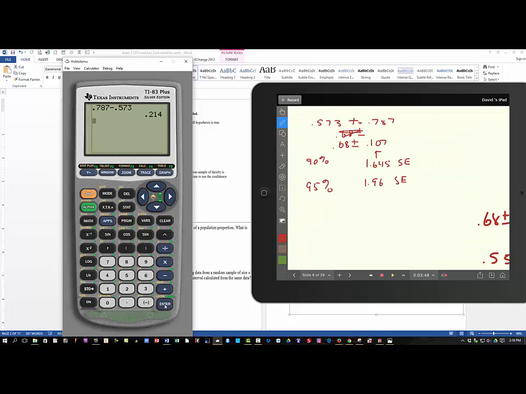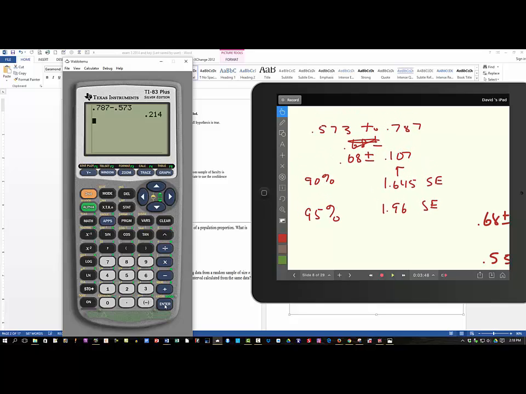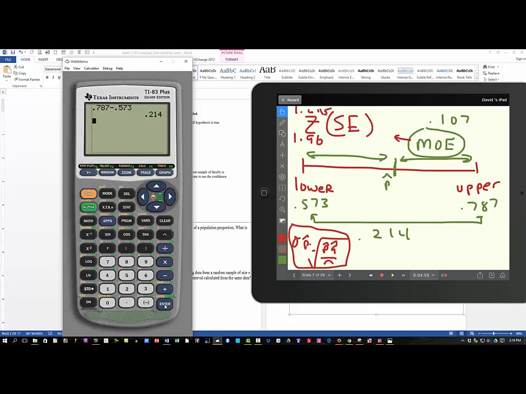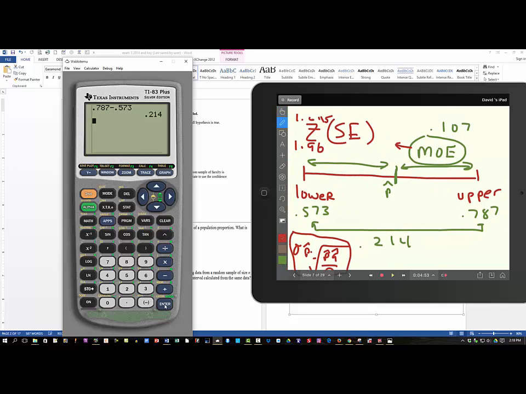This is just some of what we just did, or what I was talking about there. Because I didn't say one part of it, let me go back and show that on here: if our margin of error was 0.107, and our upper limit was 0.787, then this p-hat is 0.787 minus the 0.107, or 0.68.